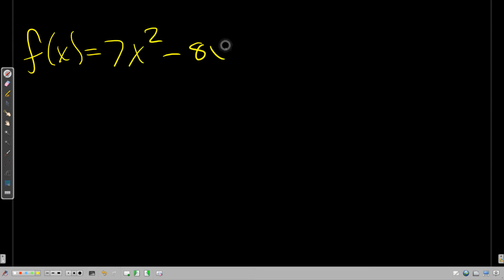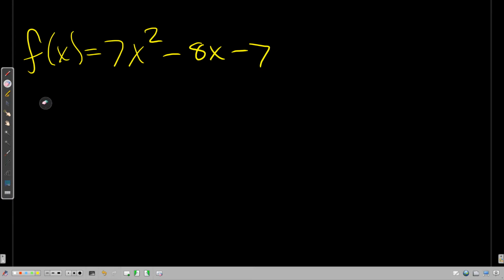So here we are. There's my function. And what I need to do is just start with the first integer past 0, which would be 1. And let's check what is the sign of our function at f of 1.